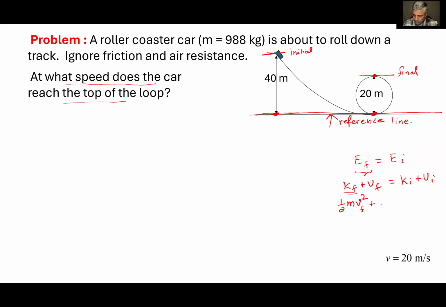We do the same thing for potential energy. This is the definition of potential energy, where y is vertical position. If it is the final position, then we write that as y_f. And we just copy this to the other side by replacing final with initial.